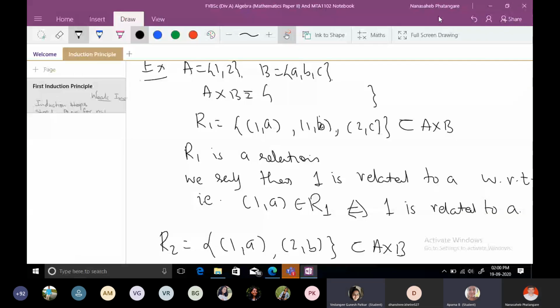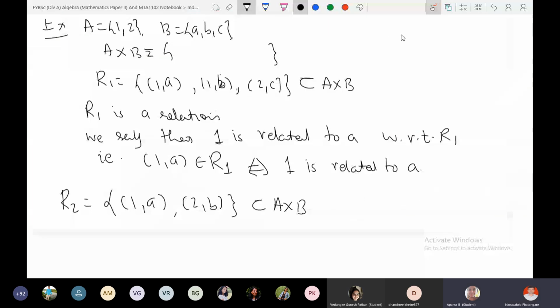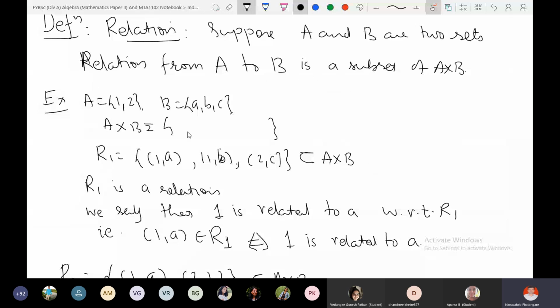So I want to define a relation from A to B. Of course, it is a subset of A cross B, but at the moment forget about A cross B. How am I going to define a relation?